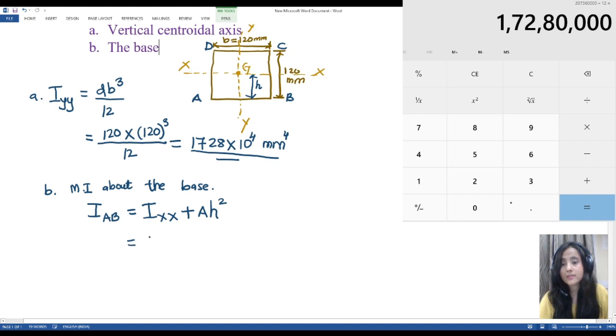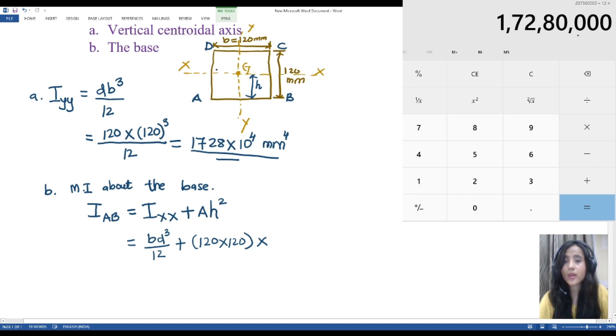So let us find out. My IXX will be equal to BD cube by 12 plus area of the square, which is side square, so I have 120 into 120, right, into what is my height?